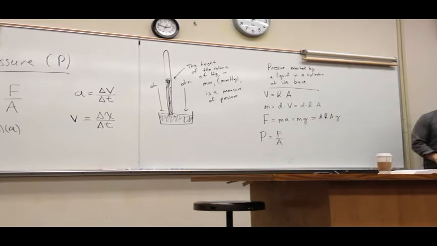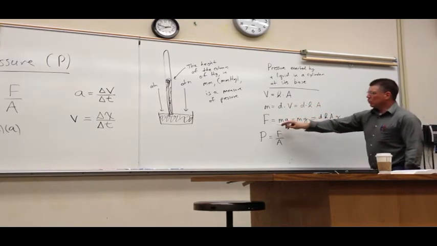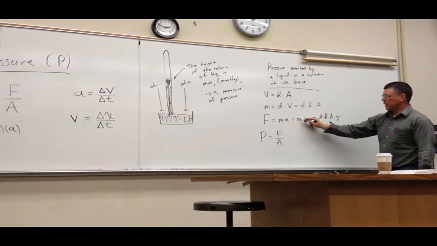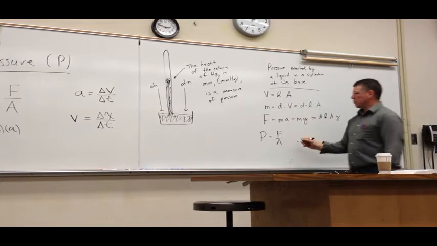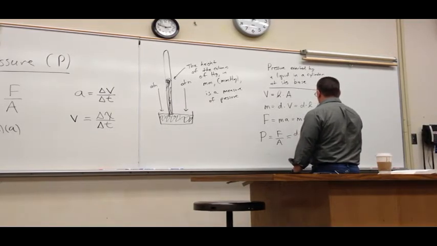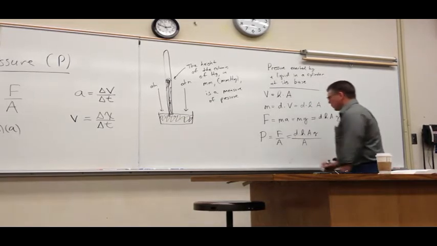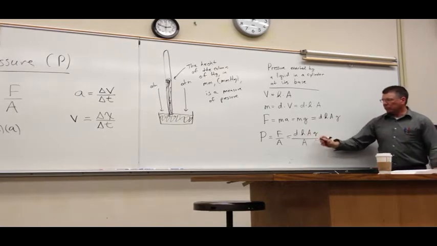You guys following what I'm showing you? Mass is density times height times area. That means the force, plugging this in for the mass, is density times height times area times g, which means the pressure is this, but the areas cancel, right?